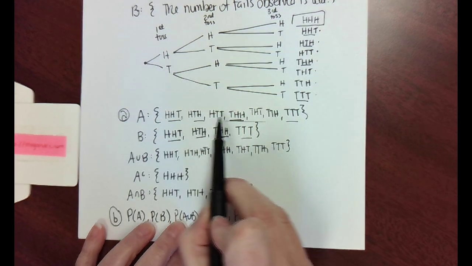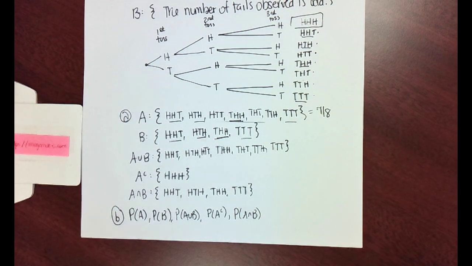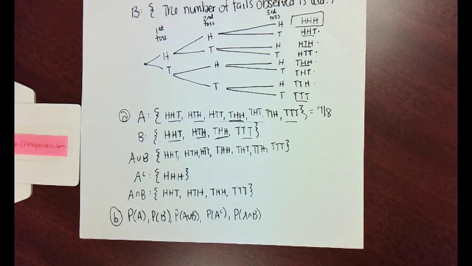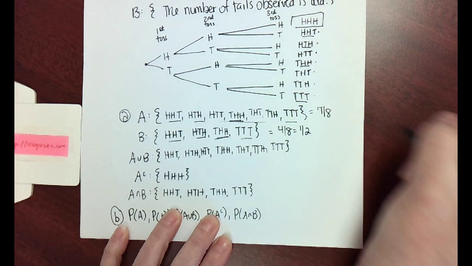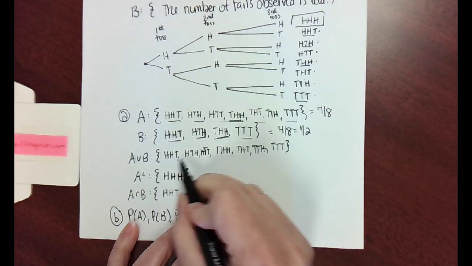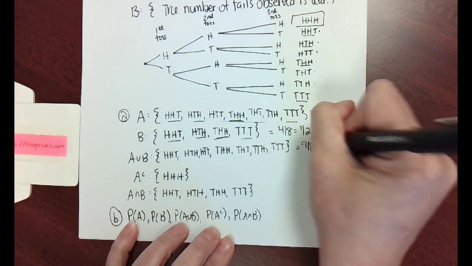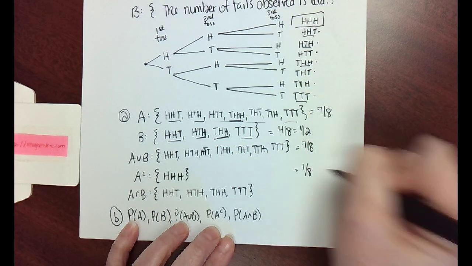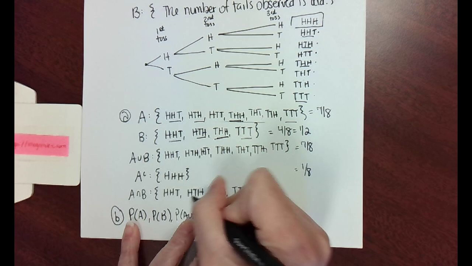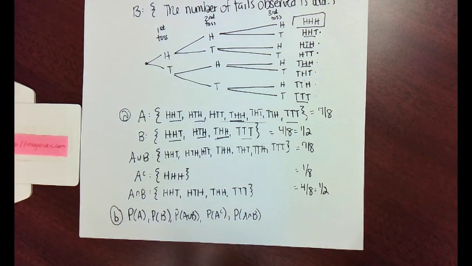There are 7 in A, so the probability of A is 7 out of 8. There are 4 in B, so the probability is 4 out of 8, which reduces to 1/2. There are 7 in the union of A and B, so that's 7 out of 8. There's only 1 in the complement, so that's 1 out of 8. And there are 4 in the intersection, so that's 4 out of 8, or 1/2. Okay, so that takes care of Part B.